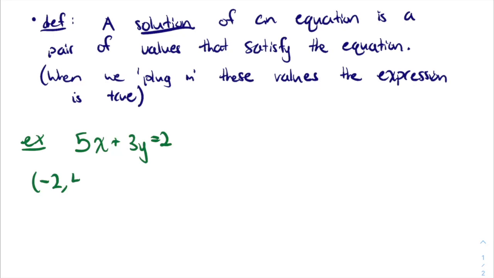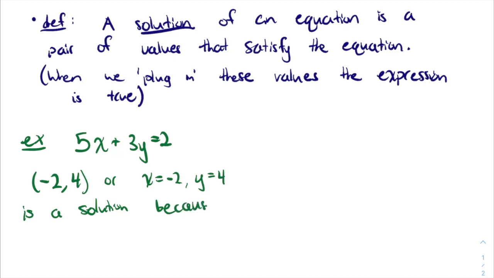Negative 2, 4, which is to say x equals negative 2, y equals 4, is a solution because 5 times negative 2 plus 3 times 4 equals 2.